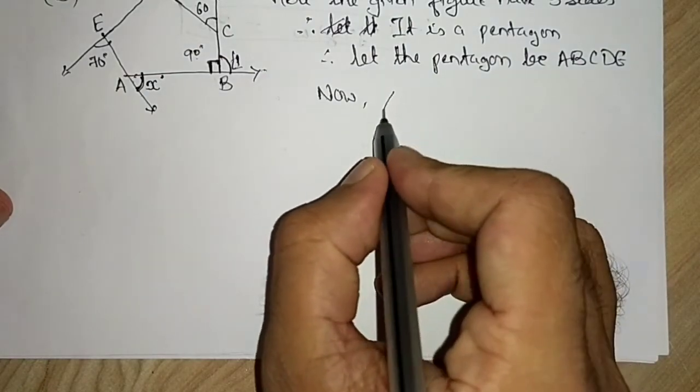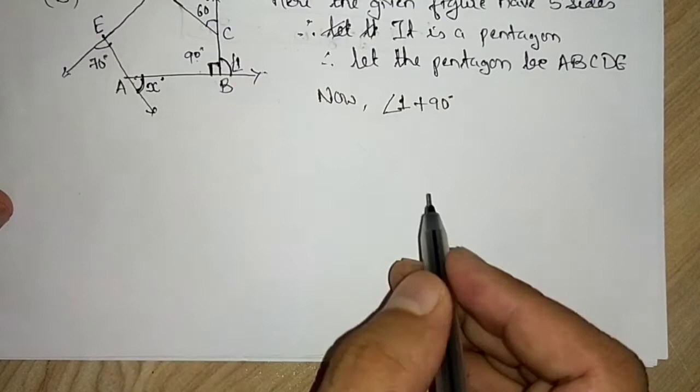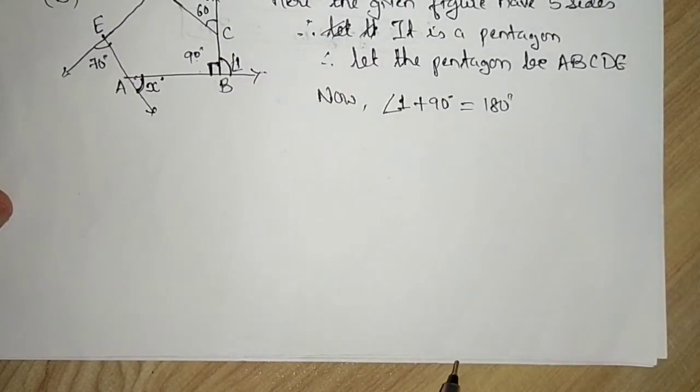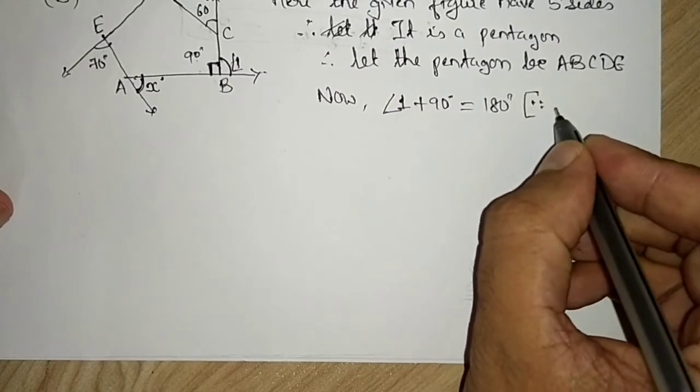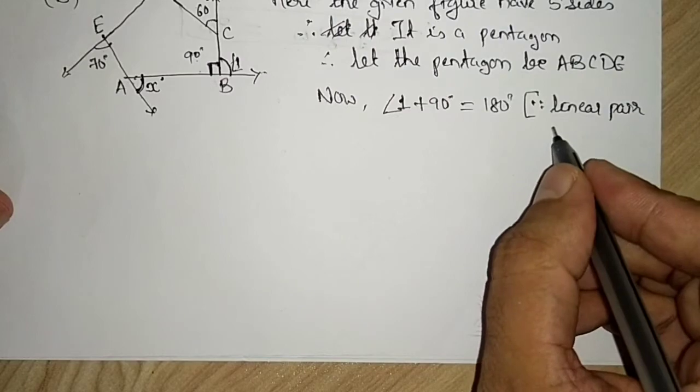Now angle 1 plus 90 degree is equal to 180 degree, right? Why? Because of the linear pair angle.